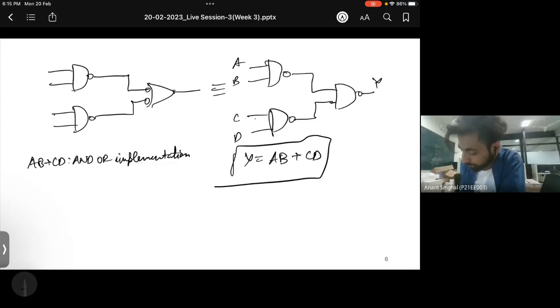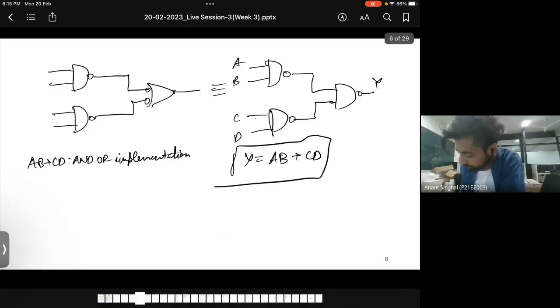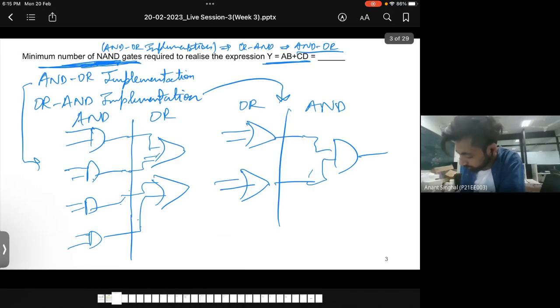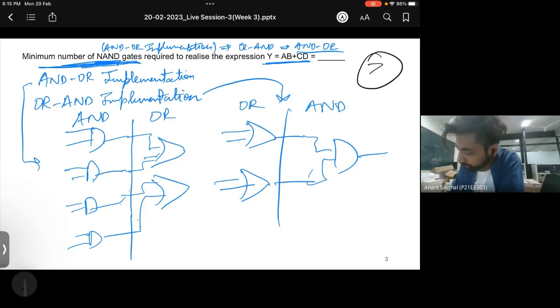So the correct answer to this question was 3. So you require 3 NAND gates to solve this expression. Is there any doubt? I can give you 2 minutes. If you have any doubts, you can type in the chat box.